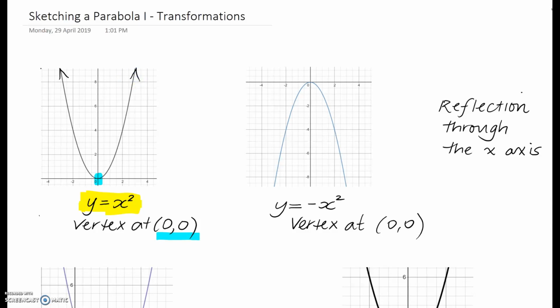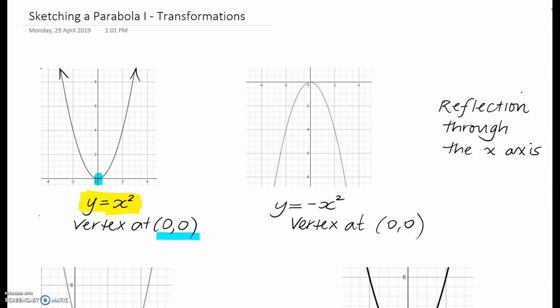Things to notice that we talked about is because x is squared, whenever you square a number, I don't care if it's a positive or a negative, you'll get a positive. So that's why all your y values are positive. And it's also symmetric because if you compare the square of 2 and the square of minus 2, they're both 4.